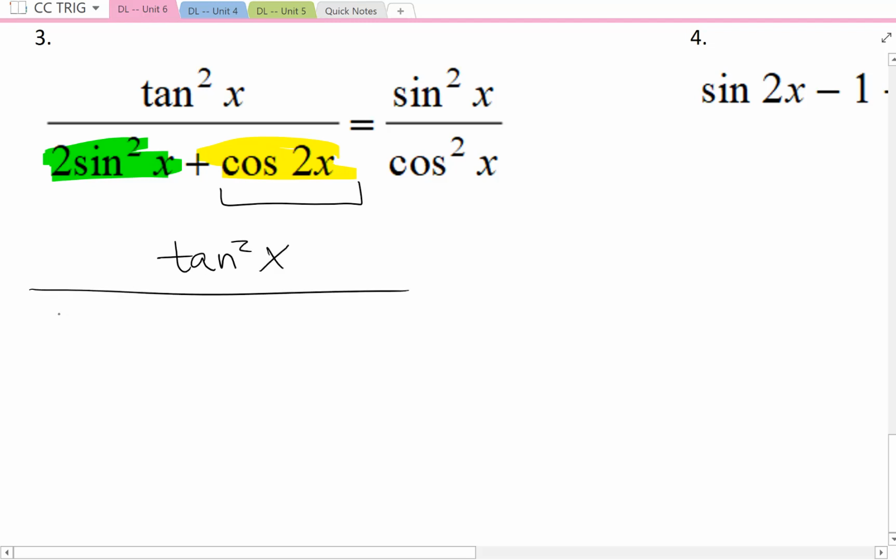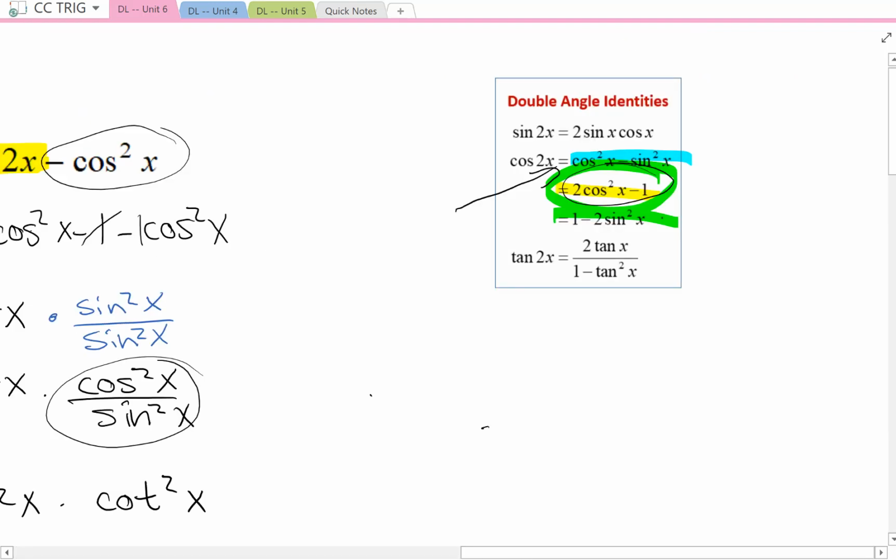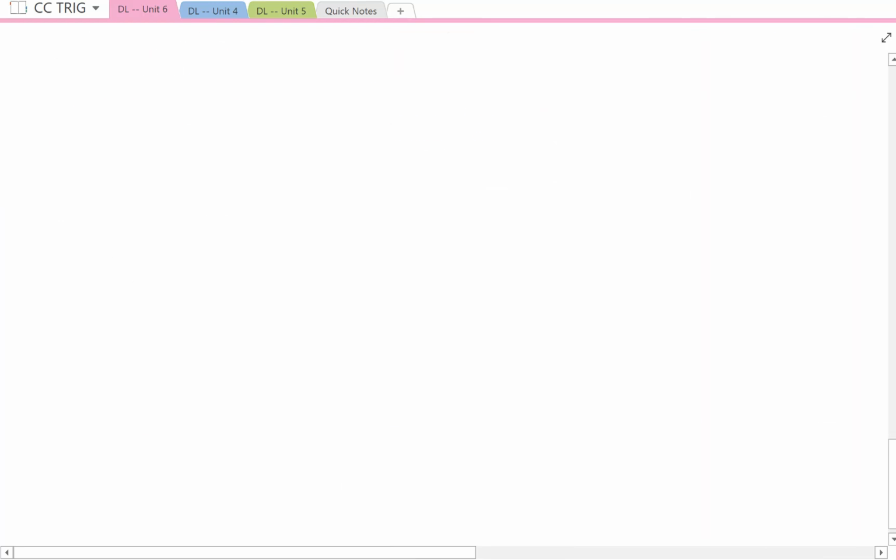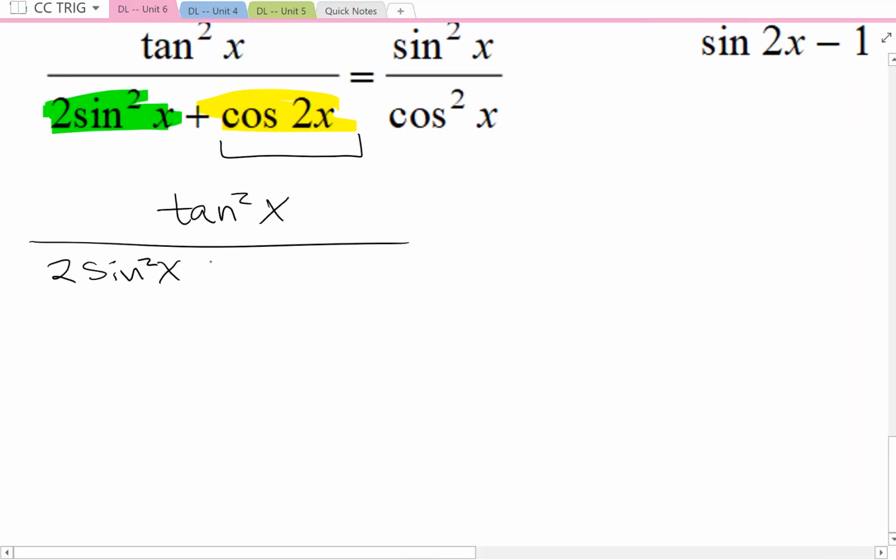I believe there is a double angle identity for cosine that involves that. Okay, this one, 1 minus 2 sine squared x. So plus 1 minus 2 sine squared x equals sine squared x over cosine squared x.